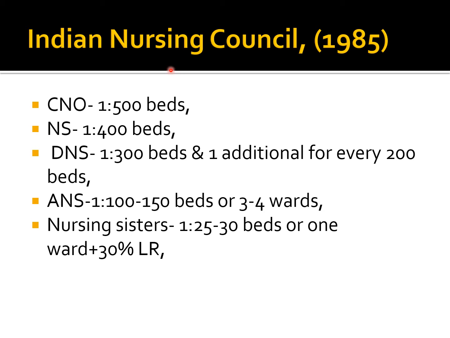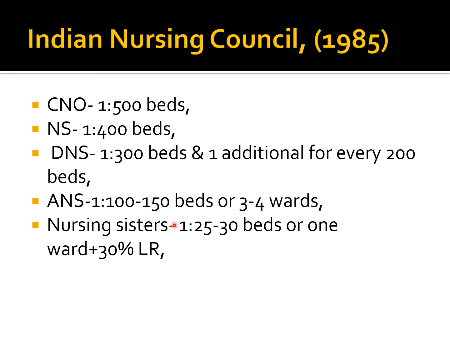According to Indian Nursing Council, there must be Chief Nursing Officer 1 for 500 bed, Nursing Superintendent 1 for 400 bed, Deputy Nursing Superintendent 1 for 300 bed and 1 additional for every 200 bed. ANS 1 for 100 to 150 bed or 1 for 3 to 4 wards.